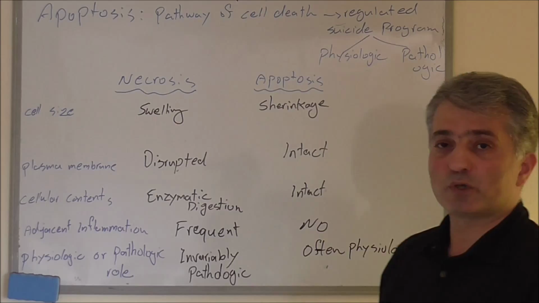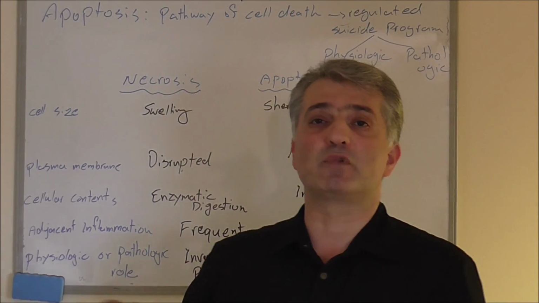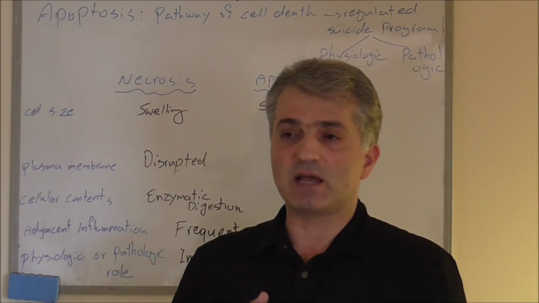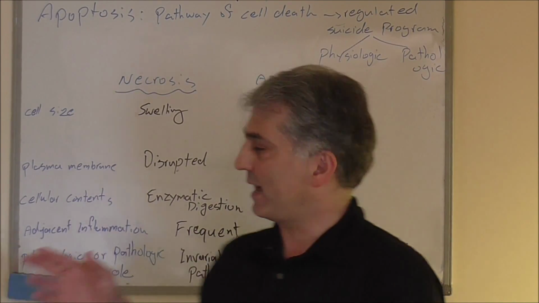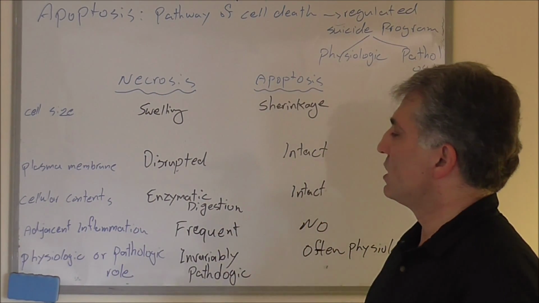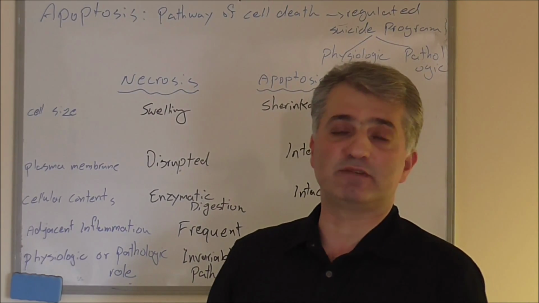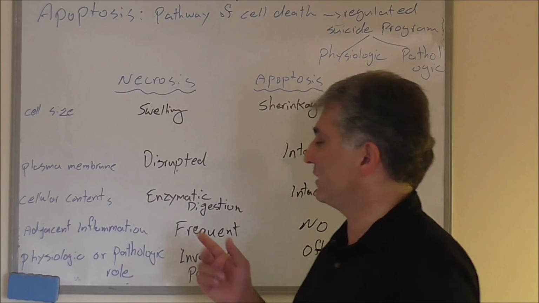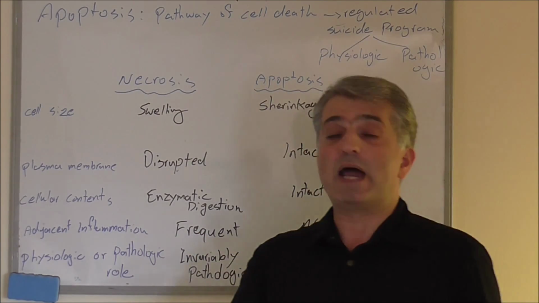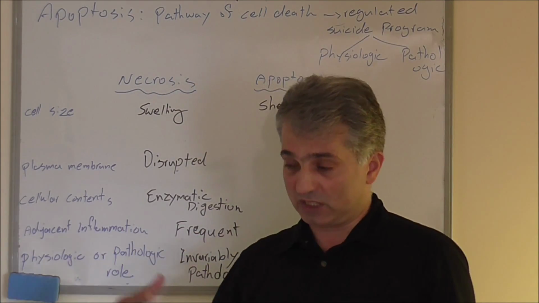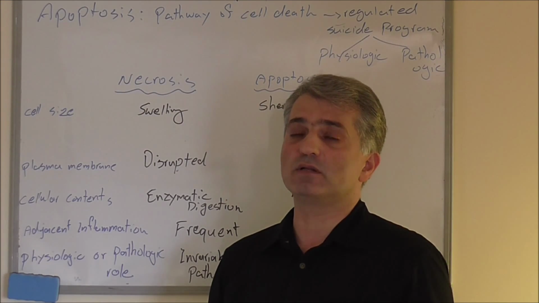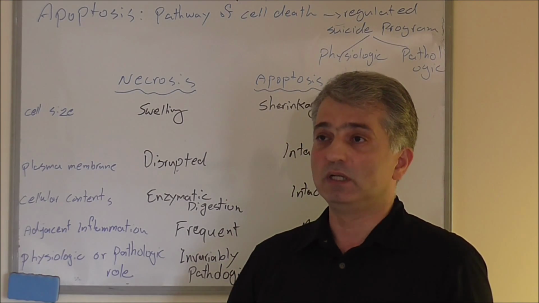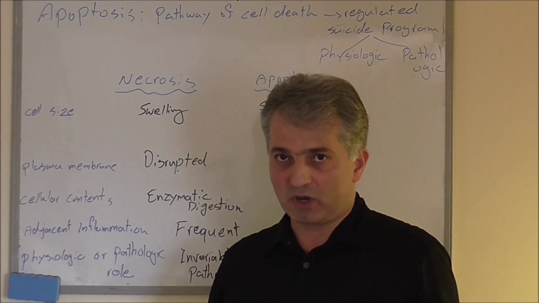But in apoptosis, the cell is programmed to be dead. It's a type of suicide, and there is no such thing as adjacent inflammation. Here, yes, we have so many things happening after necrosis, which is good in one sense because it's a type of immune defense mechanism. However, if it's too much, it's going to be harmful as well.